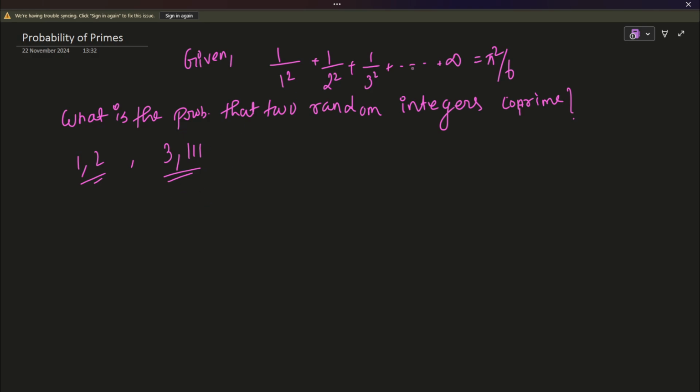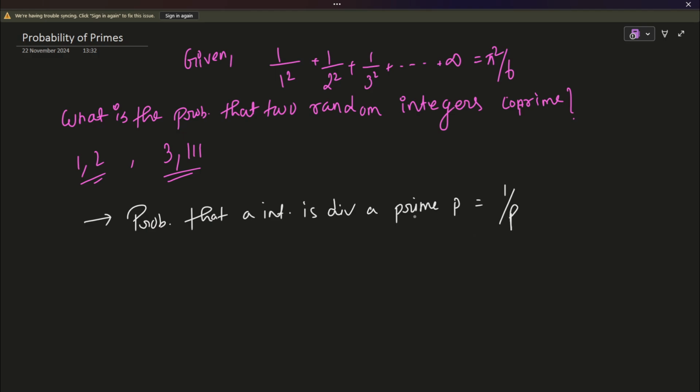Consider the probability that an integer is divisible by a prime p. Let's say we take a random prime and call it p. The probability that any integer is divisible by this prime p is nothing but 1 by p.